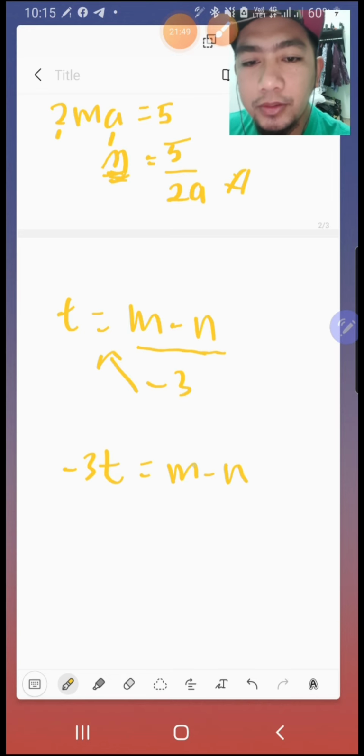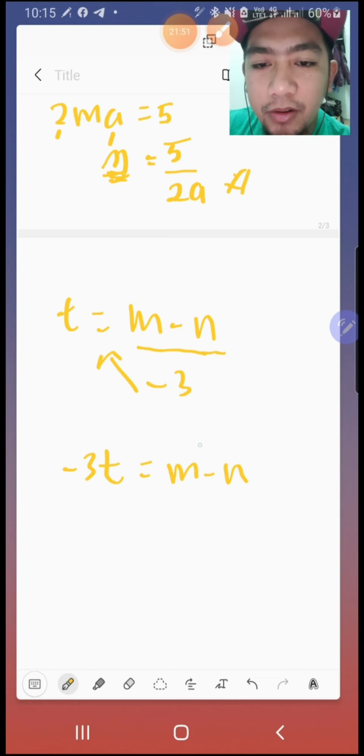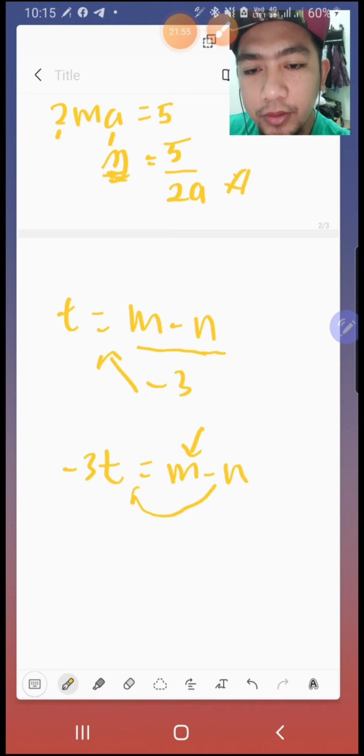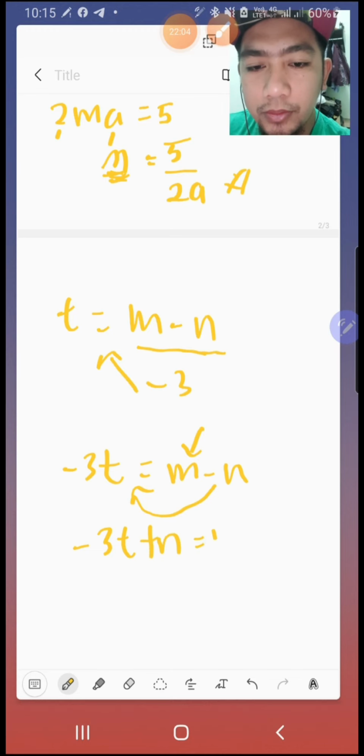Alright, so m as the subject of formula, so m stays here, so negative n you bring to the left, negative 3t plus n equal to m.